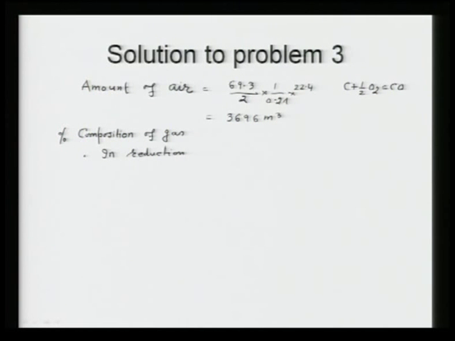So, in reduction the CO2 will be equal to 12 upon 33 into 69.3, and CO will be equal to 21 upon 33 into 69.3.